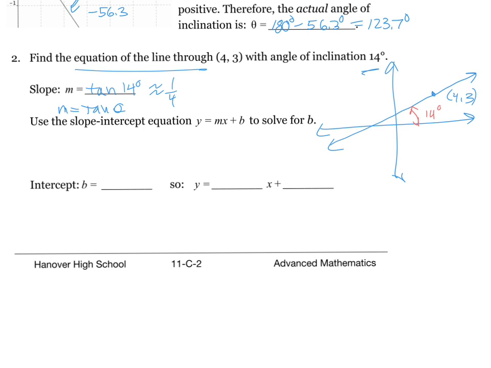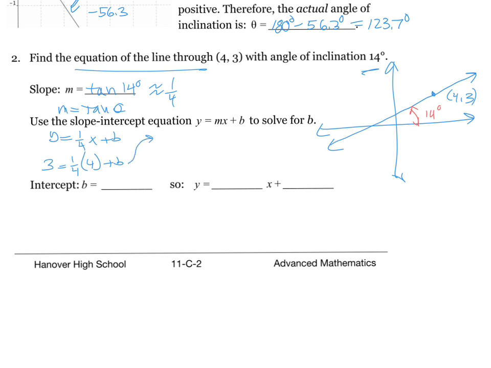All right, so I know my equation is going to look like y equals 1/4 x plus b. And I know that this line passes through the point 4, 3. So that means that I know a y and an x value that work in this equation. In that case, it would be 3, the y value, equals 1/4 times the x, which is 4, plus b.